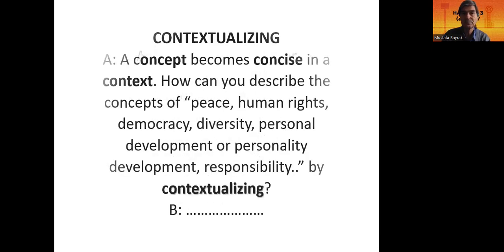Contextualizing means, let's focus on this word as a phrase, okay? A concept becomes concise in a context. How can you describe the concepts of peace, human rights, democracy, diversity, personal development or personality development, responsibility by contextualizing?